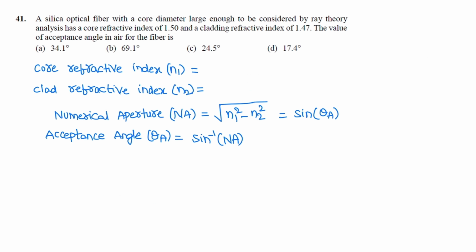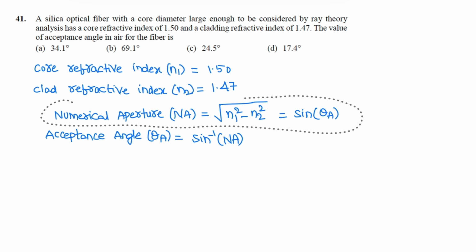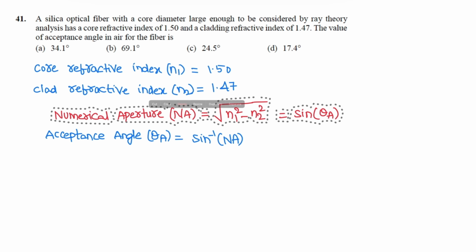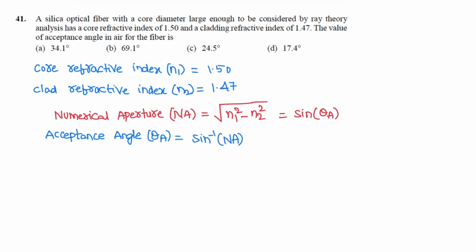Next question. The core refractive index N1 is 1.5 and clad refractive index N2 is 1.47, and numerical aperture. The formula for numerical aperture is square root of N1 square minus N2 square, that is equal to sine of theta A, where acceptance angle theta A is sine inverse of numerical aperture.